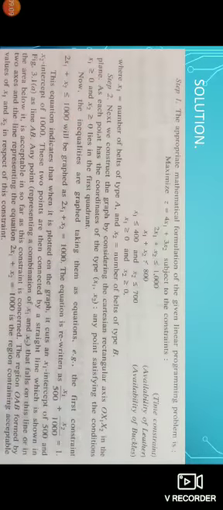The inequalities are graphed by taking them as equations. For example, what is the first constraint? 2x1 plus x2 less than or equal to 1000. In the first step, these constraints are converted to equality form.